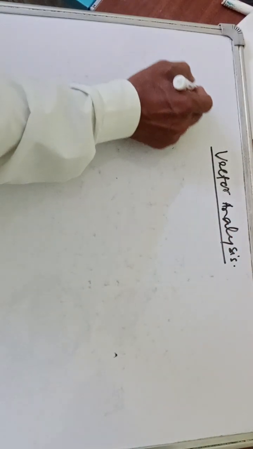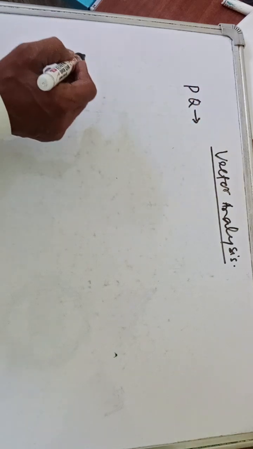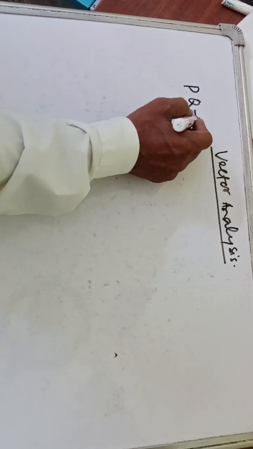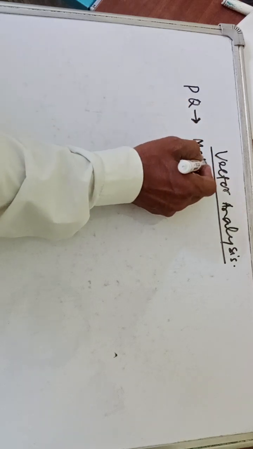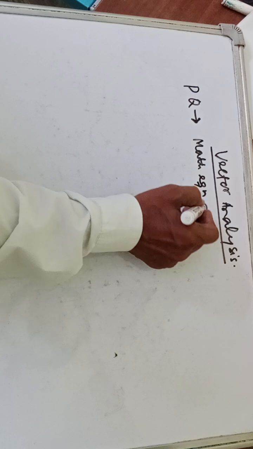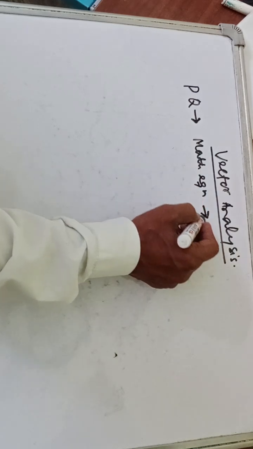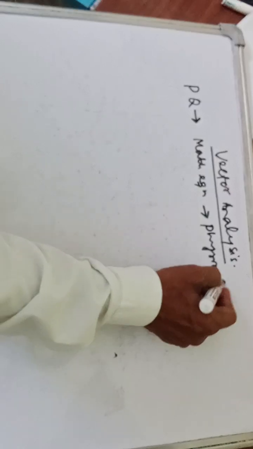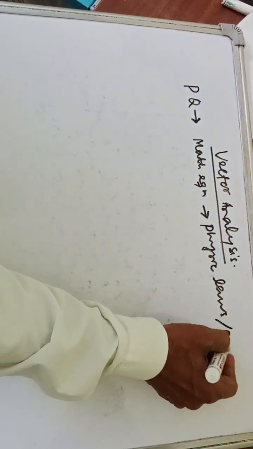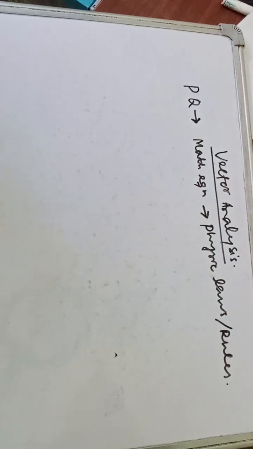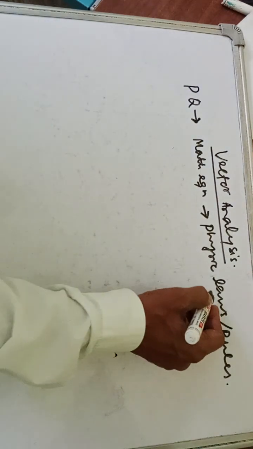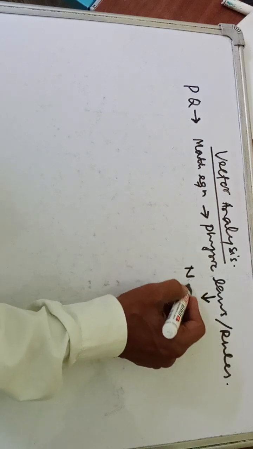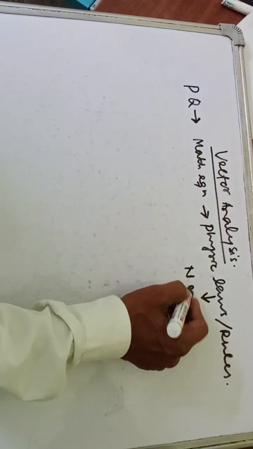We know we have physical quantities in physics. Physical quantities are the terms used in mathematical equations. Those mathematical equations represent physics laws or rules. These physical laws and rules help to explain natural events or natural phenomena.